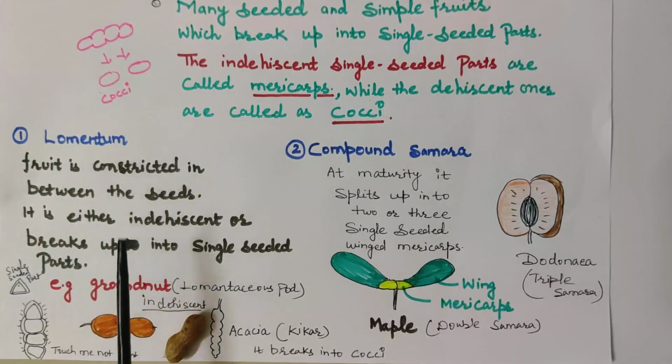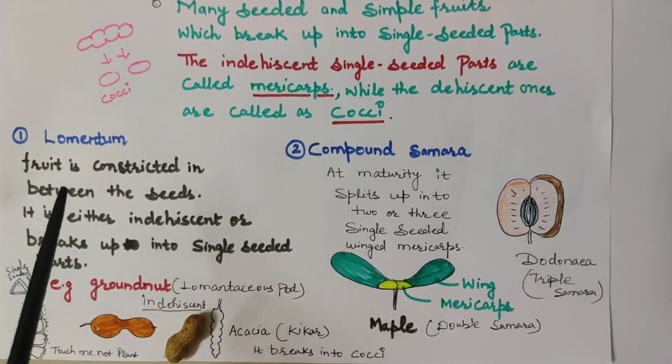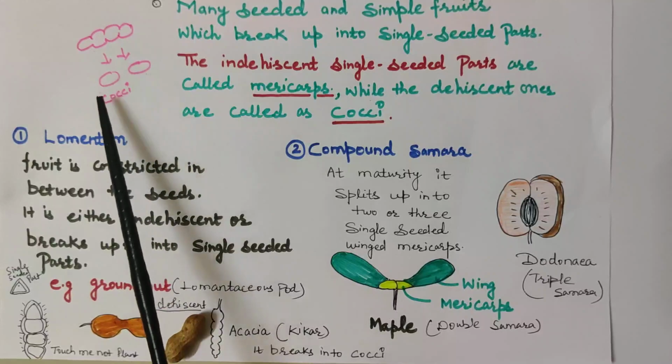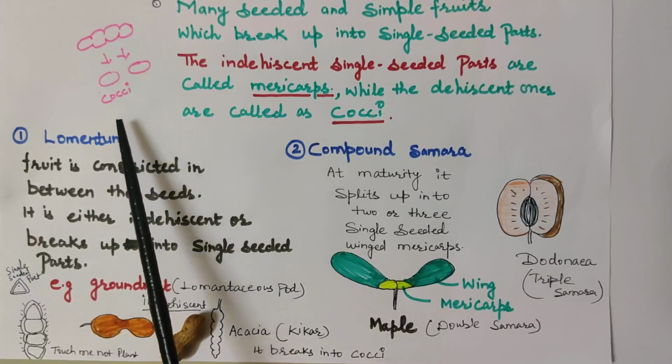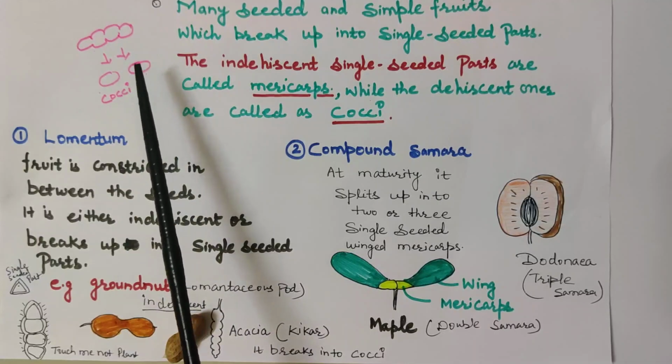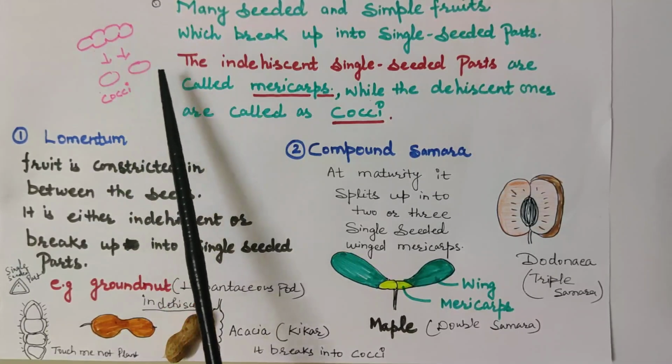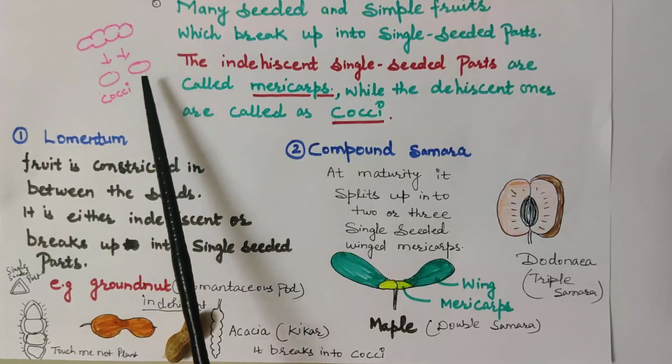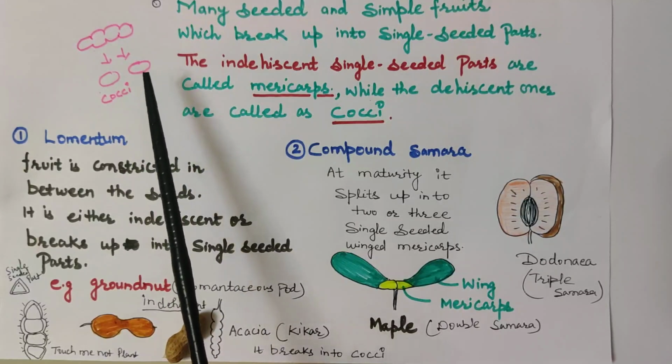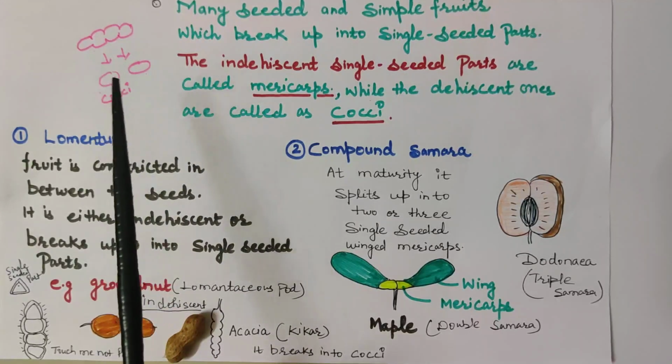So lumentum, or lumentaceous pod in case of groundnut, and compound samara are types of schizocarpic fruits in which the main fruit splits into parts and one part which is going to dehisce further is called cocci, and the part which is not going to dehisce, not going to rupture to release the seed, is called mericarp.